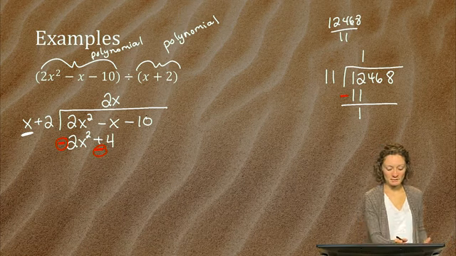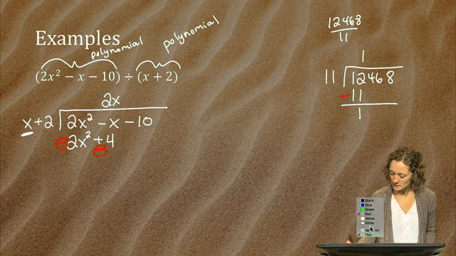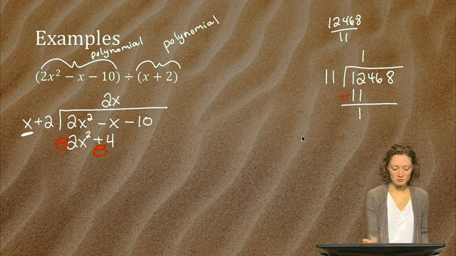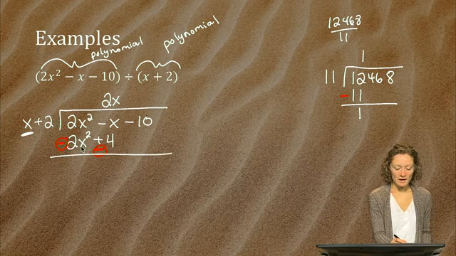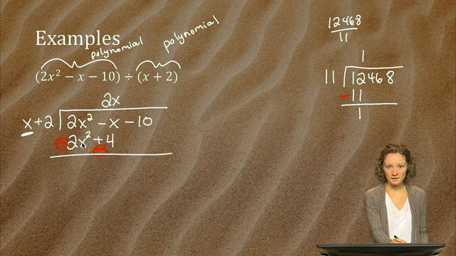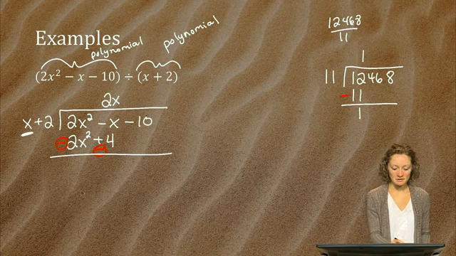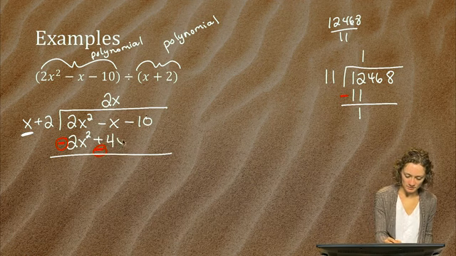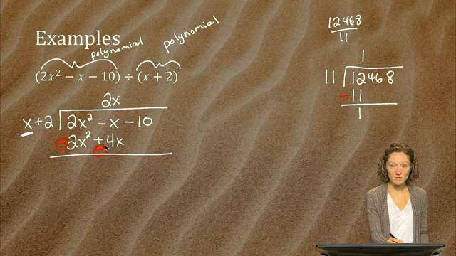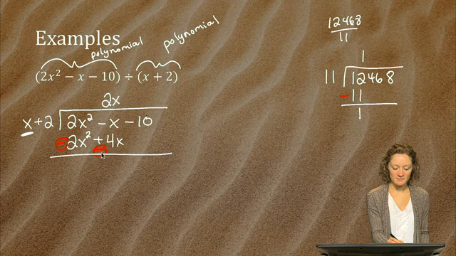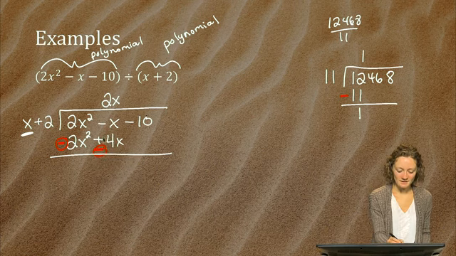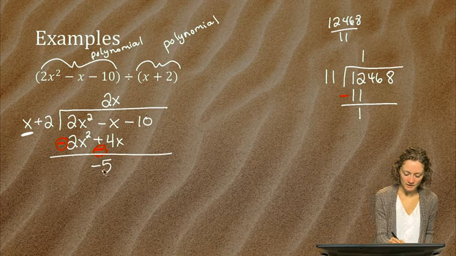So ultimately it becomes the opposite sign. Okay, so then we actually did subtract. 2x squared minus 2x squared is gone. That's why we chose 2x. That was the whole goal. We're trying to get rid of it piece by piece. Then negative x minus 4x is negative 5x.